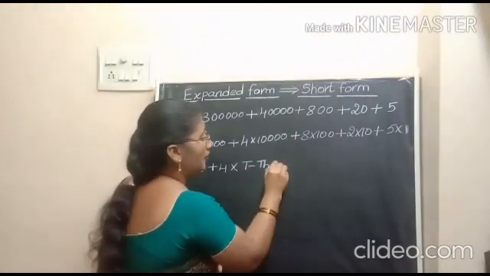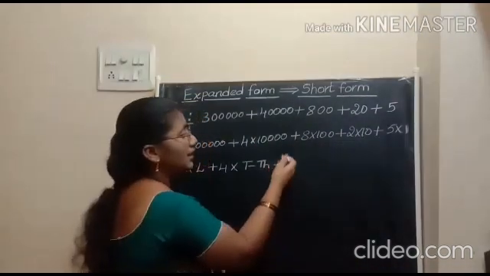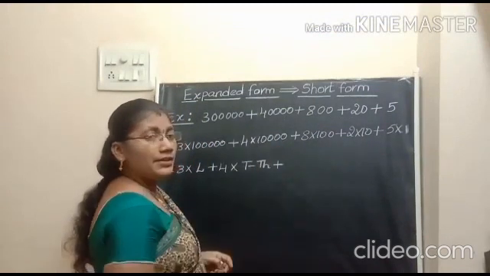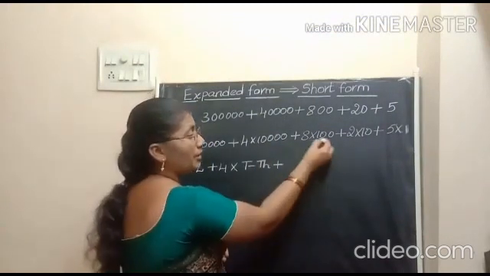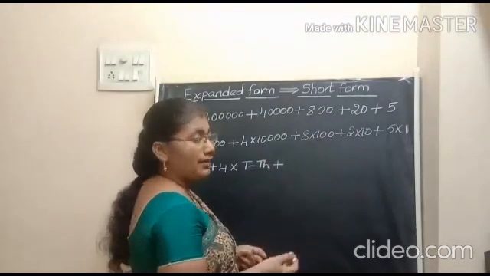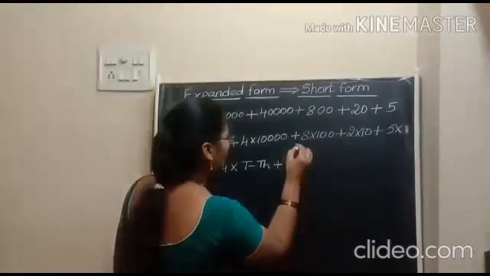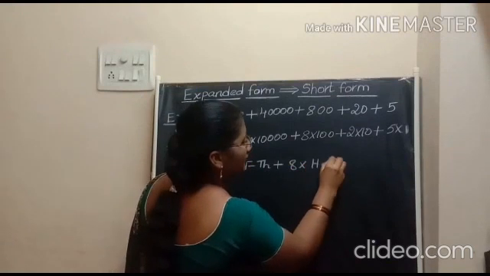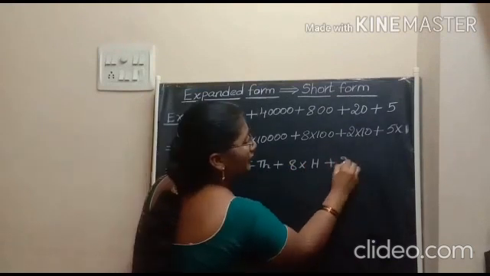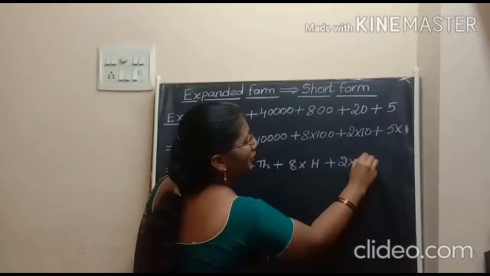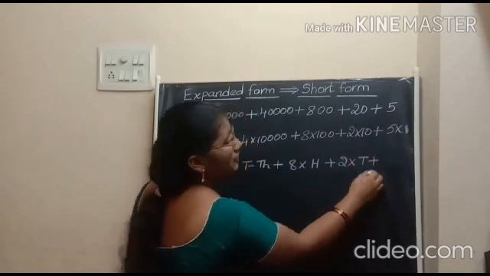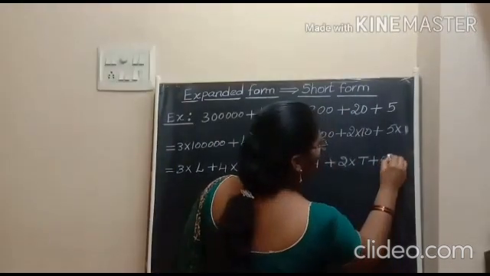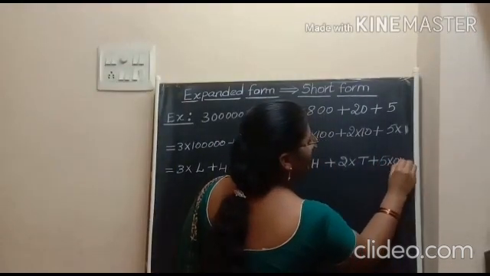Is there any digit for thousands? No. Let us write hundreds. How many hundreds are here? 8 hundreds. So, simply you should write 8 into H. Plus 2 into T. Plus 5 into ones.